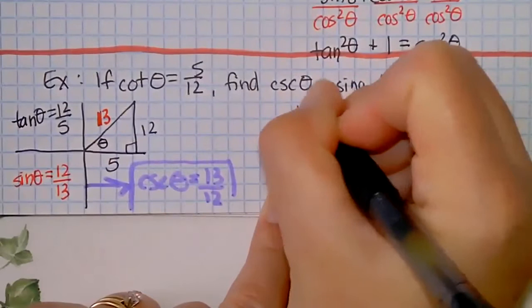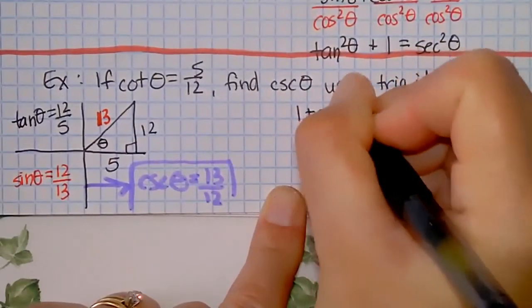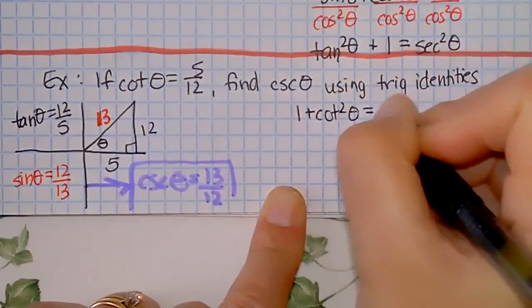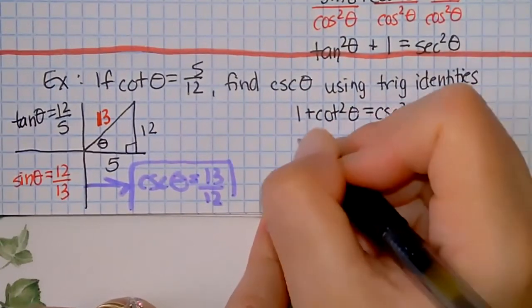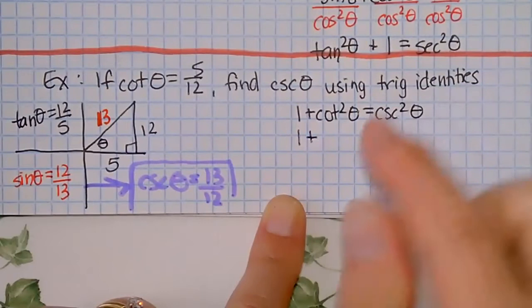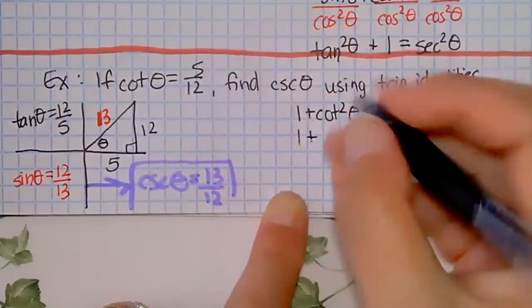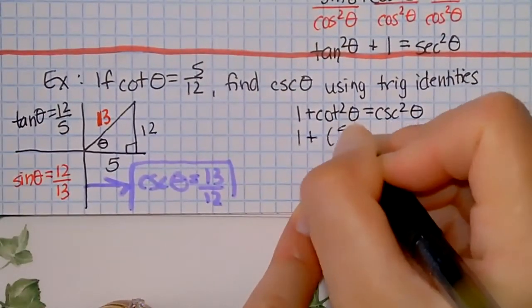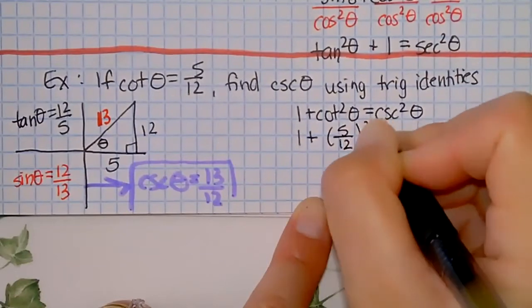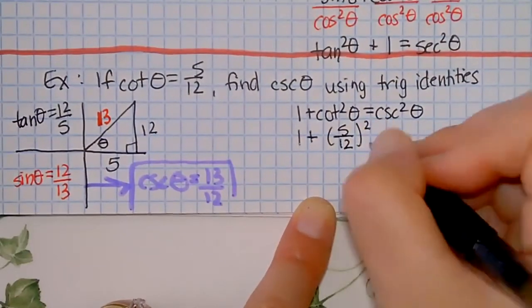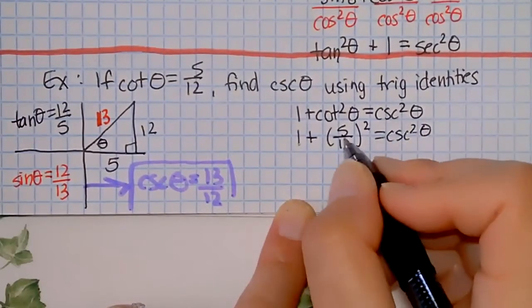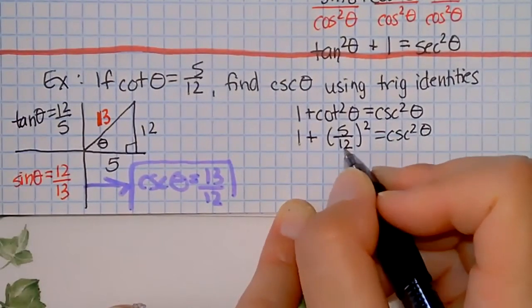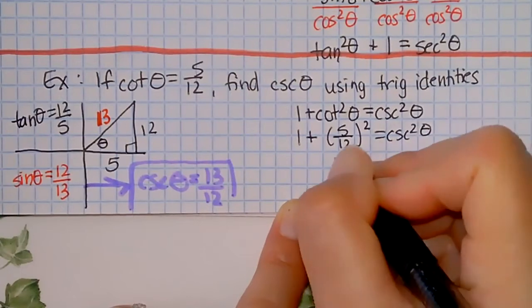So 1 plus cotangent squared theta equals cosecant squared theta. And 1 plus, now my cotangent is 5/12. So I'm going to take my cotangent, which is 5/12, and I'm going to square it, equals cosecant squared theta. So now, let me just write this out first. This is going to be 25 over 144.